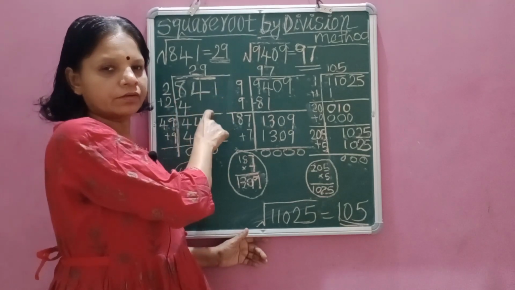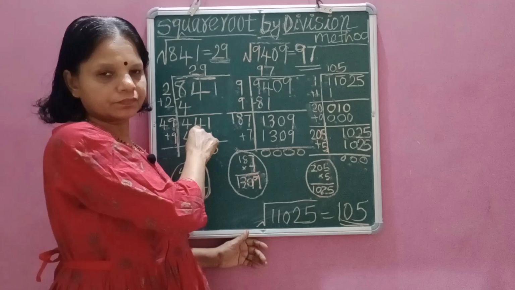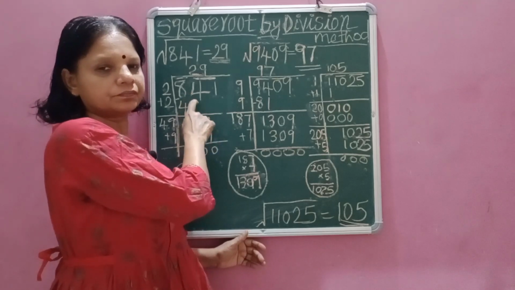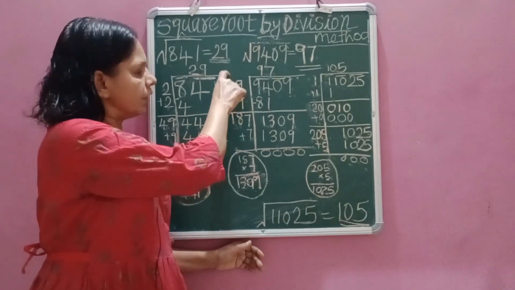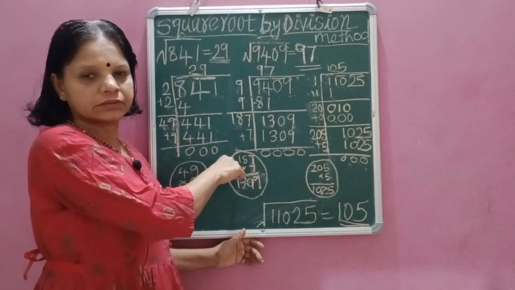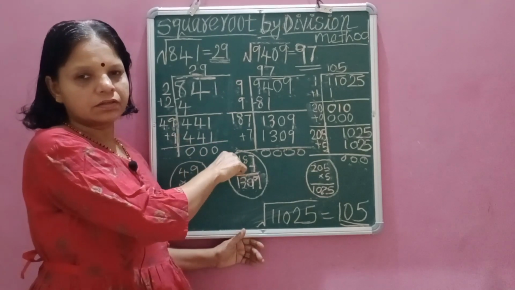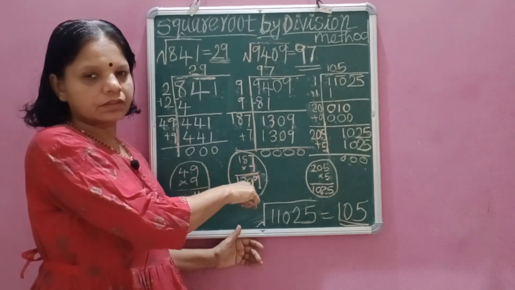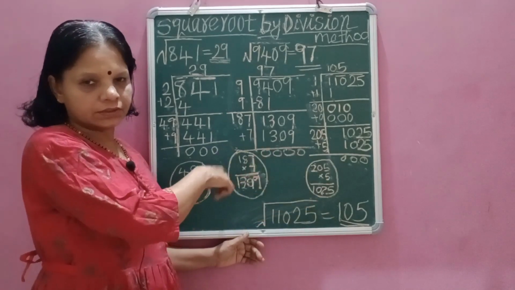Pairs you have to take, the last pair. Clear? And while bringing down, you have to bring down the pairs, not a single digit. That is the difference from the division process.